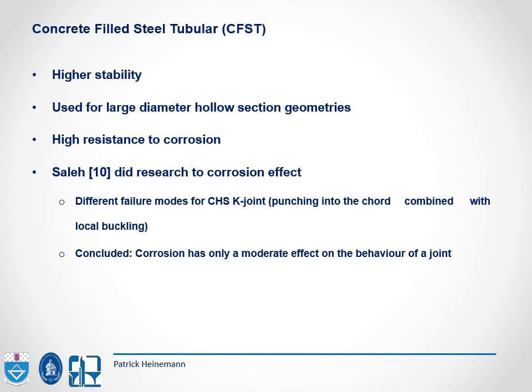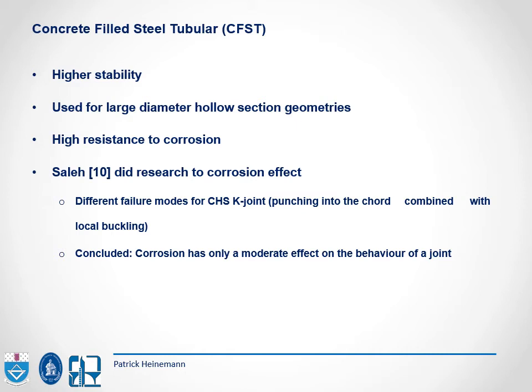A very special opportunity is to use concrete filled steel tubular elements. You can imagine a tubular steel hollow section, for example a circular hollow profile, filled up with concrete. You automatically get a higher stability, and it's used for large diameter hollow section geometries like in the offshore field.